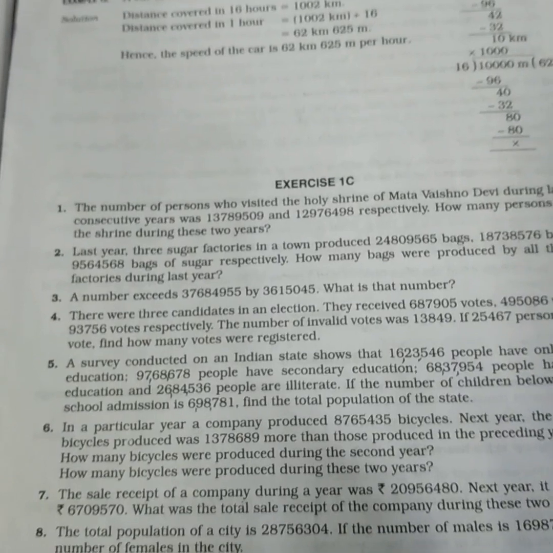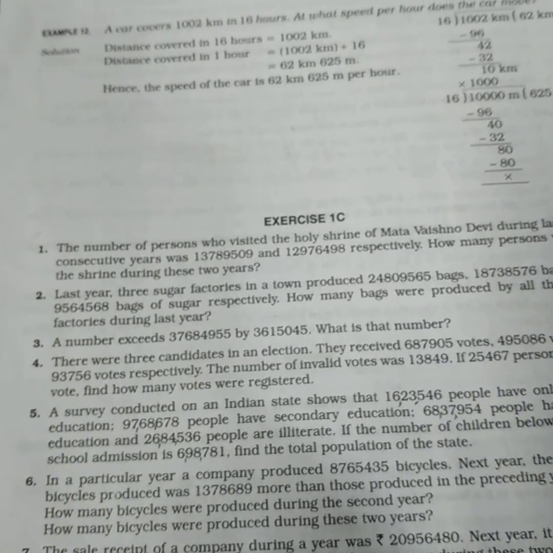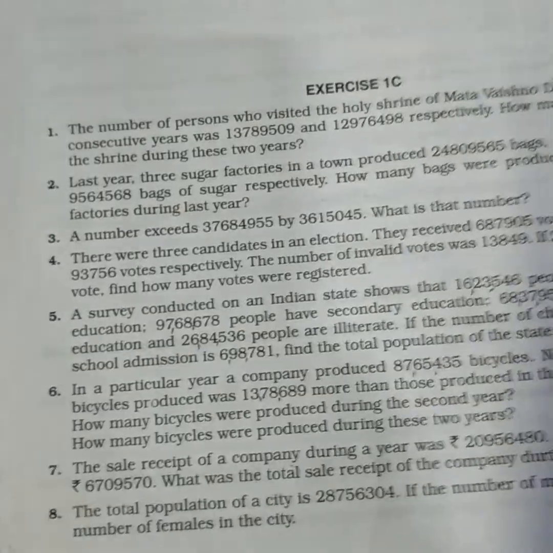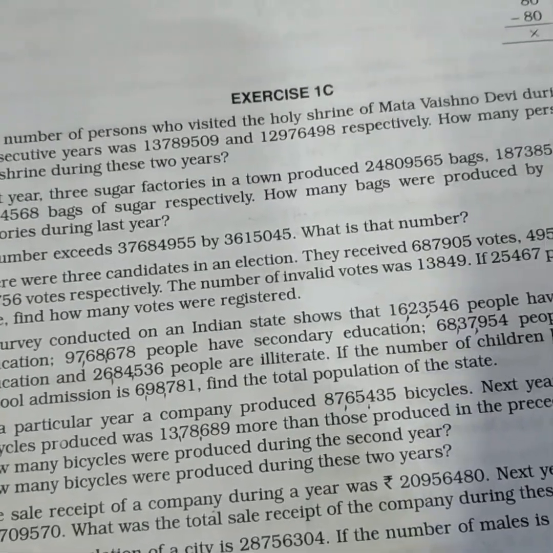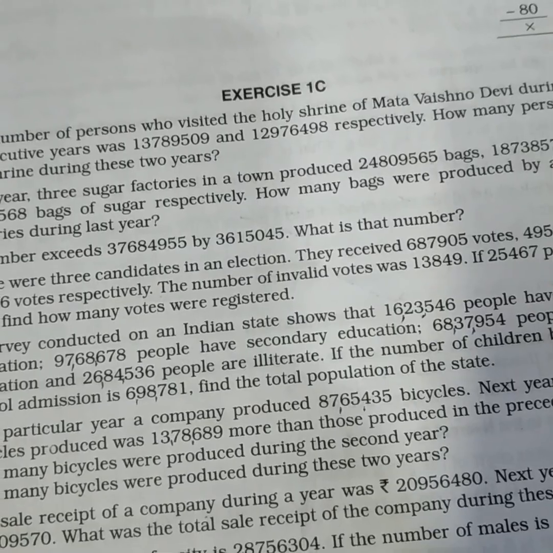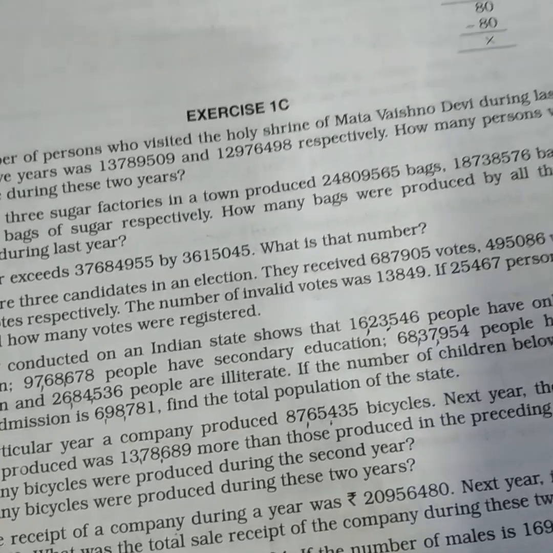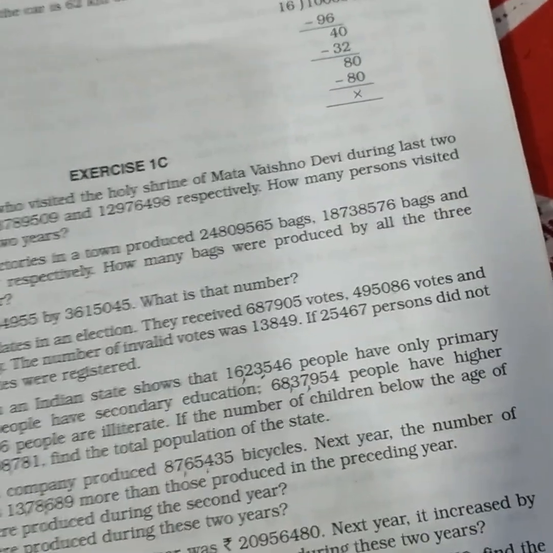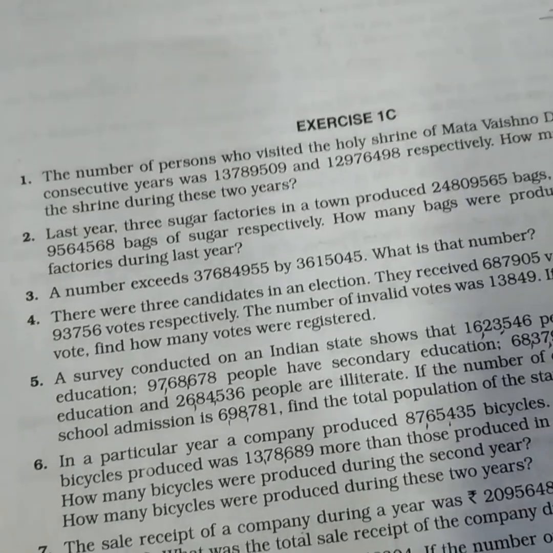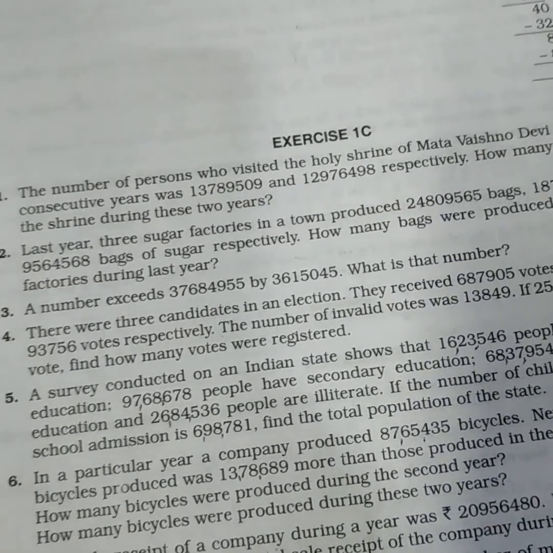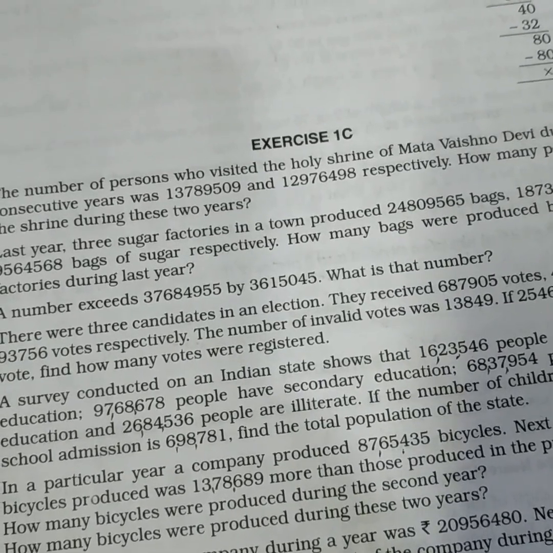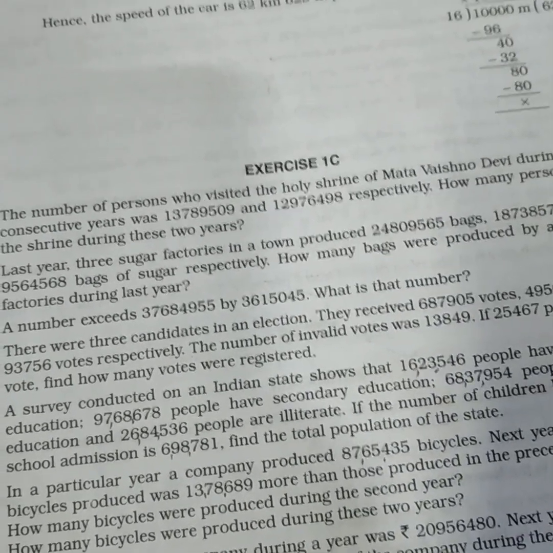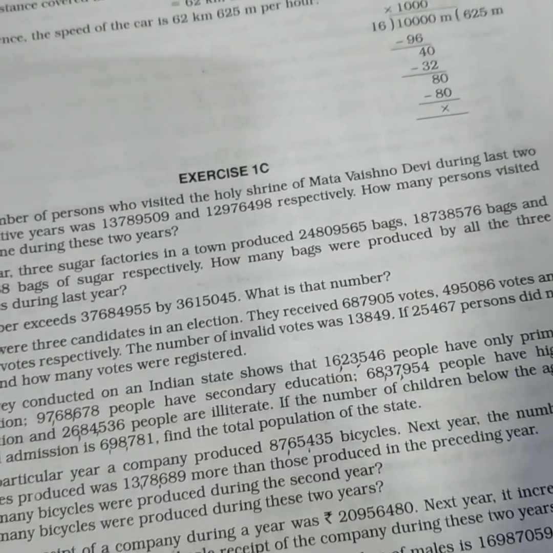Now it's time to discuss question number 6, children. In a particular year, a company produced 87,65,435 bicycles. Next year, the number of bicycles produced was 13,78,689 more than those produced in the preceding year.